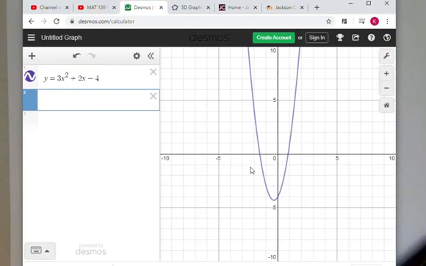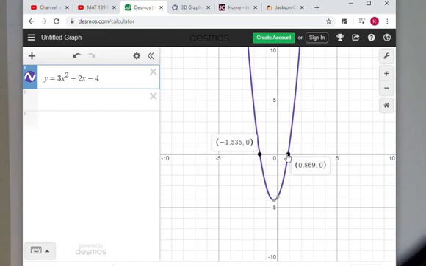And actually, before I even graph the y equals 0, let's come on over here for a second. We know the x-axis is y equals 0, and we really can already see where that graph crosses the x-axis. The x-intercepts are something that Desmos finds for us automatically without us having to graph the actual y equals 0.